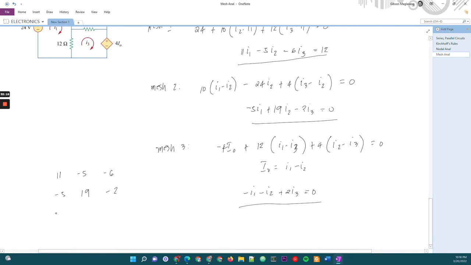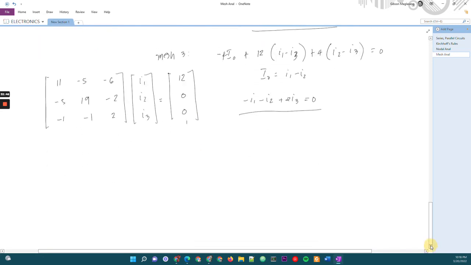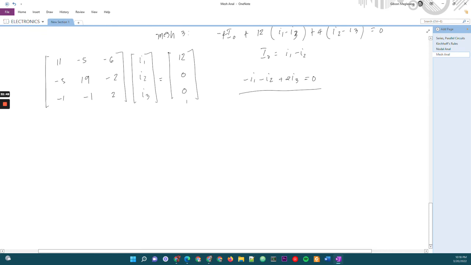The third equation is negative 1, negative 1, positive 2. Okay, and then we have the column vector I1, I2, I3 equals this column vector: 12, 0, 0. So we can solve this one using Cramer's rule.